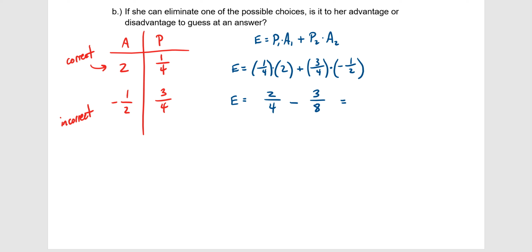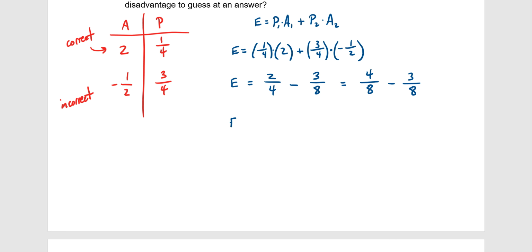We could simplify, or rather get a least common denominator with 8. So 2/4 minus 3/8 is the same as 4/8 minus 3/8. So I just got a common denominator of 8 by multiplying the first fraction by 2 in the numerator and denominator. So this is going to give us 4/8 minus 3/8 is 1/8.